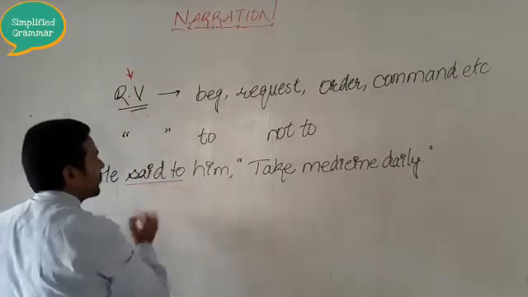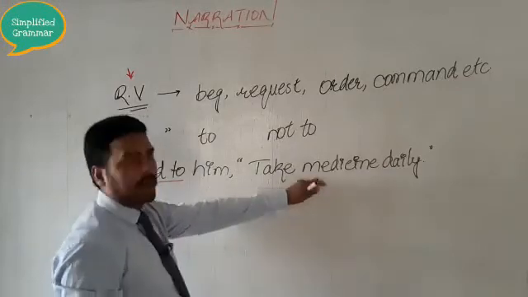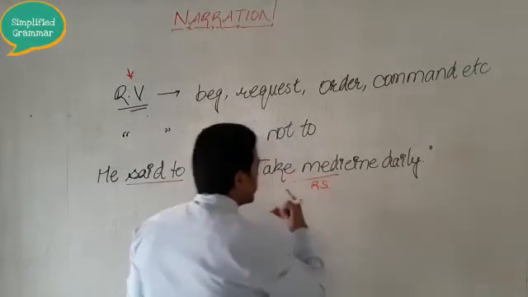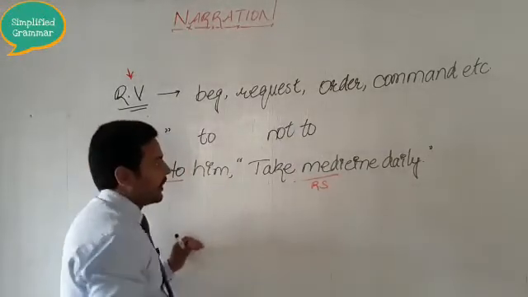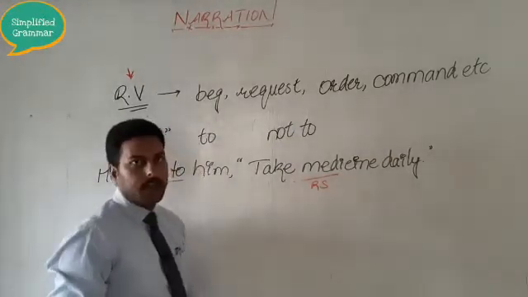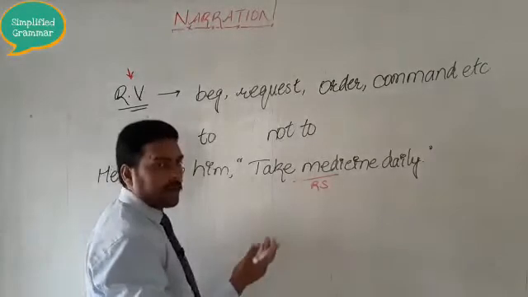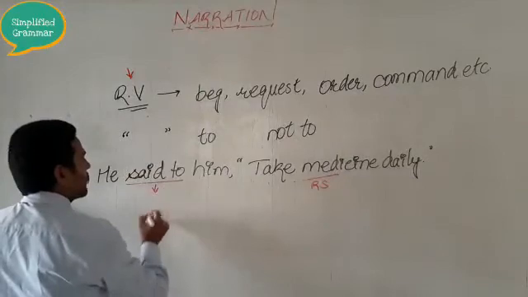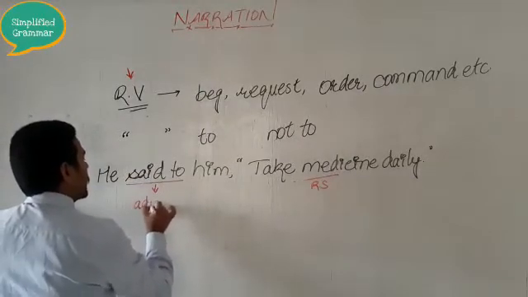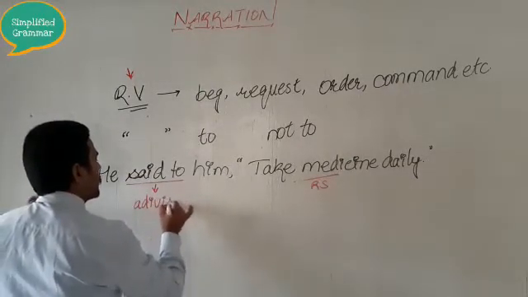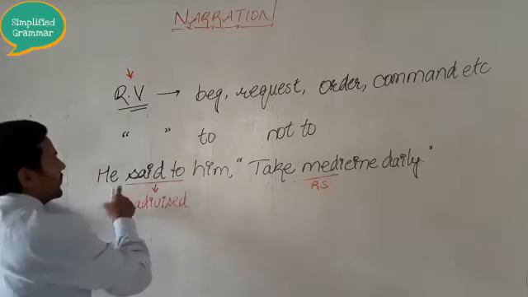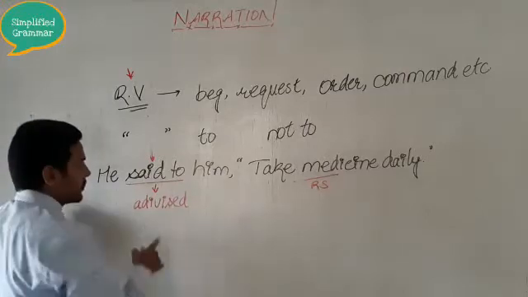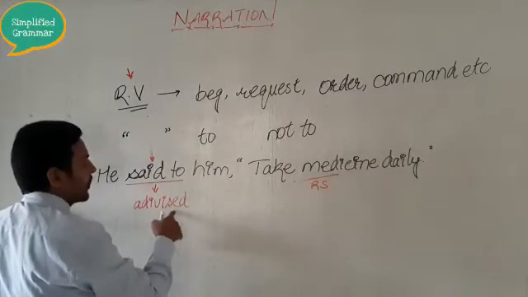The reported verb will change according to the expression of the reported speech. What is the expression in the reported speech? You can see, take medicine daily. Probably we are giving advice to somebody. So here your reported verb automatically will be advised. Since the reported verb is of past tense, here it will be advised.